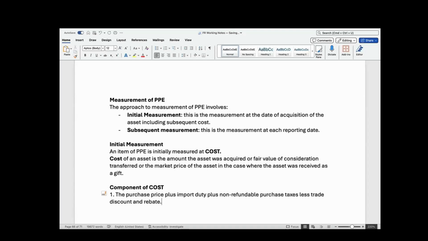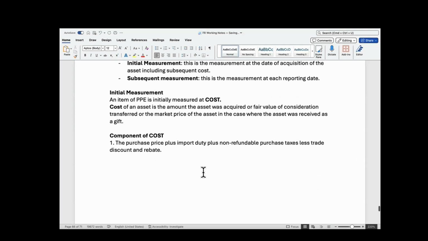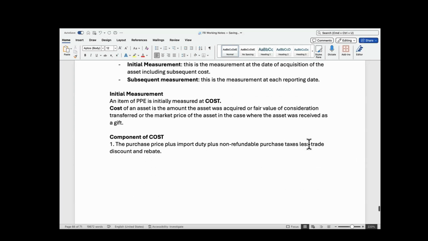So this is very specific. It says trade discounts. You have to be very careful. They can give you another type of discount that is not trade. Such should not be deducted from the cost.